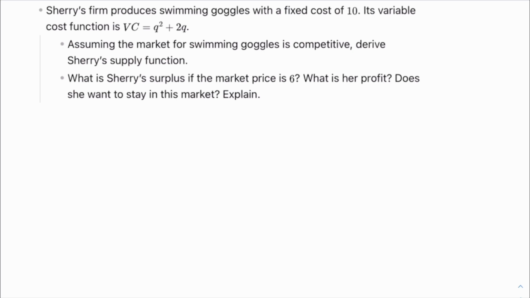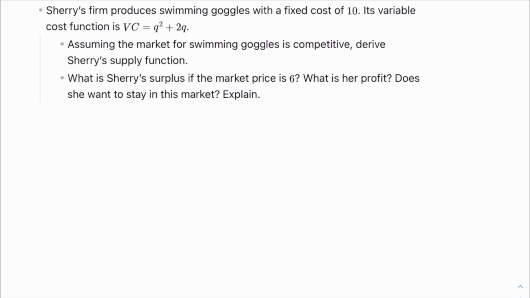First of all, what you need to do is find out the supply curve. The supply curve in a competitive market is the marginal cost curve we derive above the shutdown point. That's what we are going to find out.